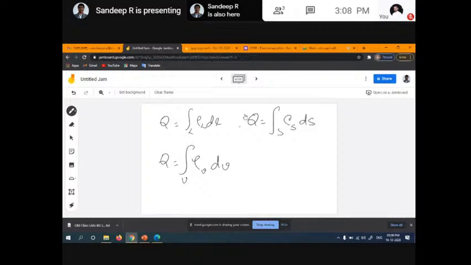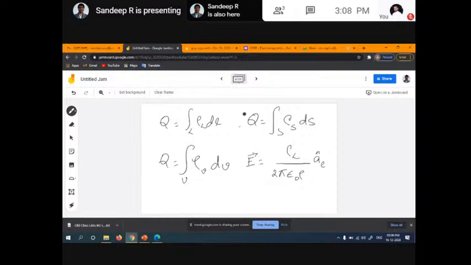Suppose I have an infinite line charge, then the electric field intensity is given by E is equal to rho L by 2 pi epsilon naught rho into unit vector a rho. Here, rho represents the perpendicular distance between the line charge and the point of interest.